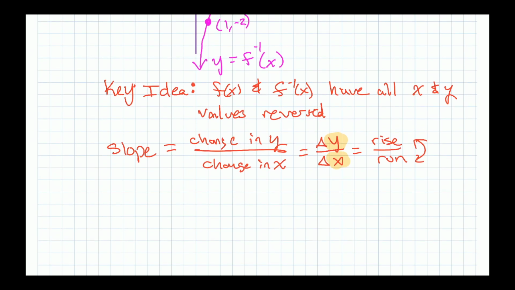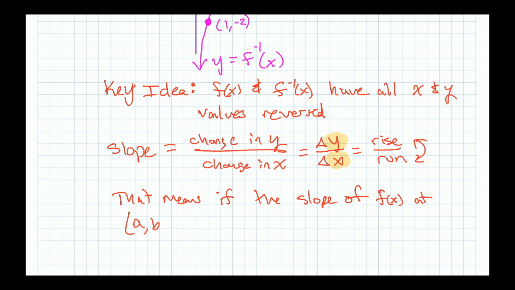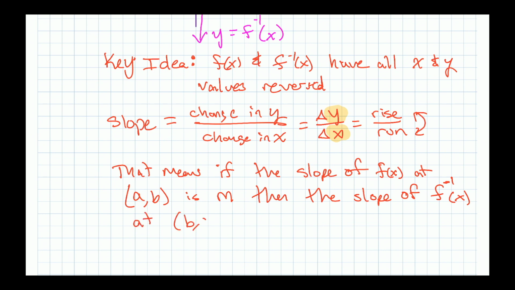So that means if the slope of f of x at a comma b is m, then the slope of f inverse of x at b comma a, it's got to be b comma a because you switch the x and the y values, so the corresponding point is b comma a.